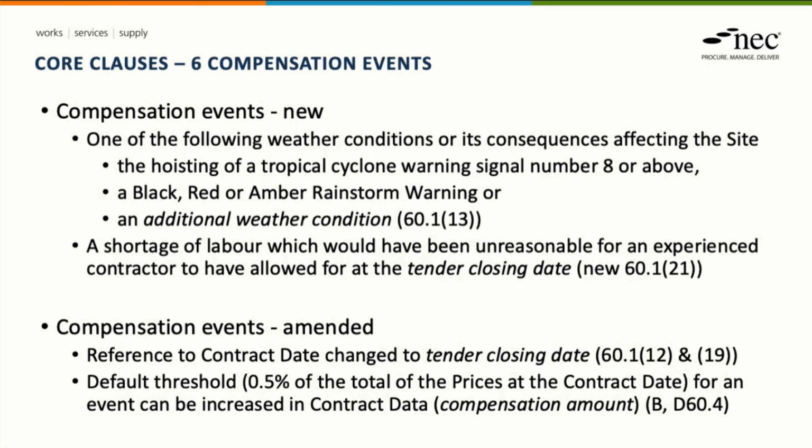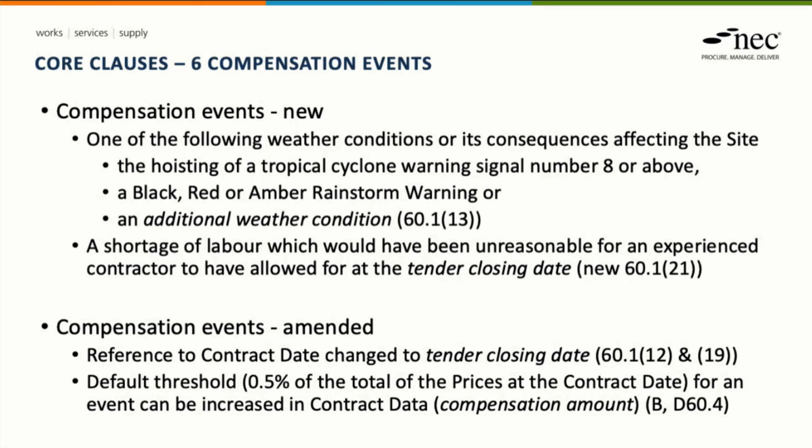It recognises when a tropical cyclone warning signal number 8 or above is hoisted, or where there's a rainstorm warning. And there is flexibility within the contract to define or add in additional types of weather conditions that may be subject to compensation event. We have a new compensation event, 60.1(21), that deals with labour shortages.